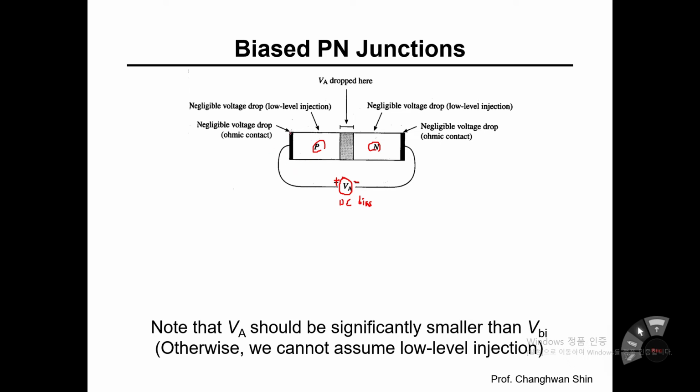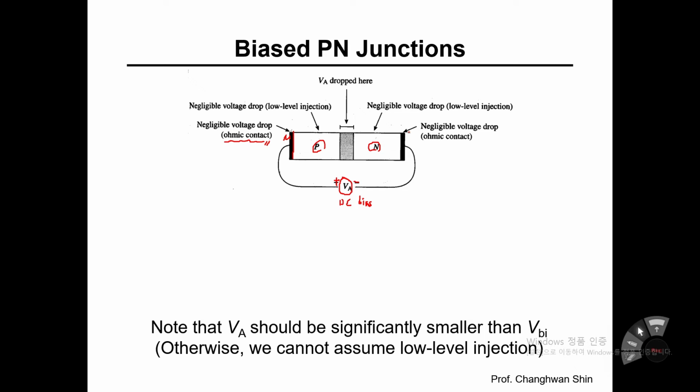Herein, the metal is physically connected to the P side. There should be a certain amount of voltage drop between the metal and the P side, but we are going to neglect it. And we are going to assume that the ohmic contact of the MS junction has been well made.